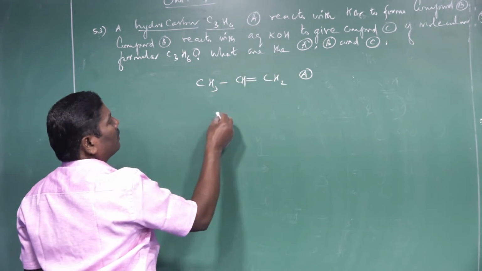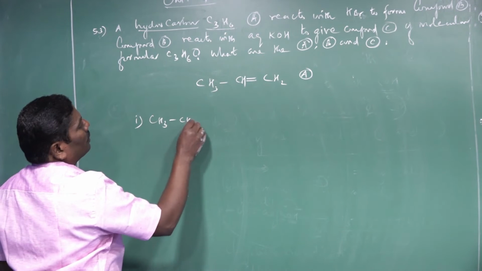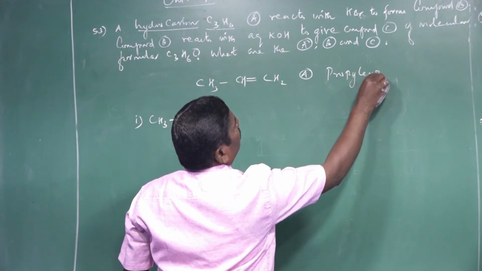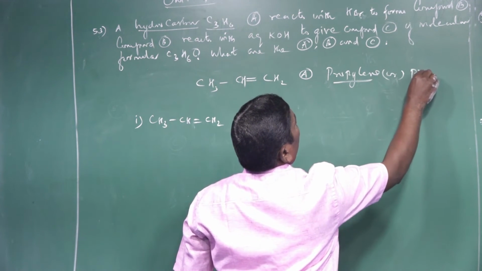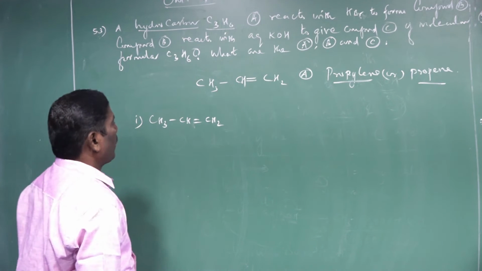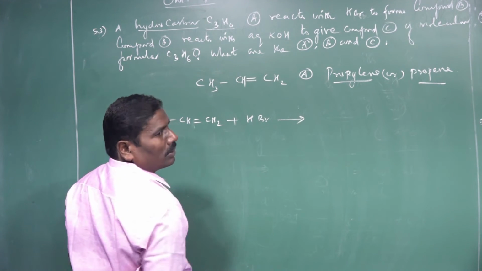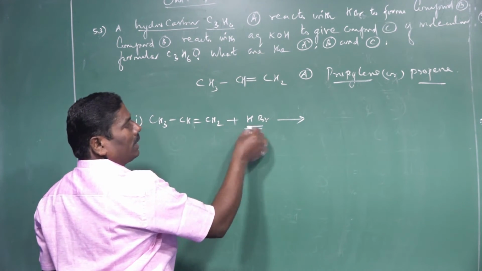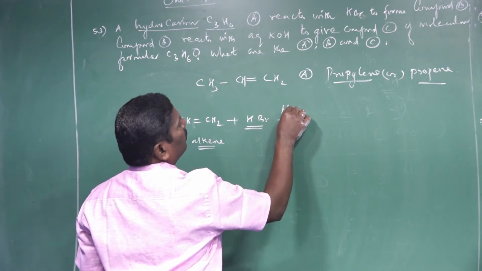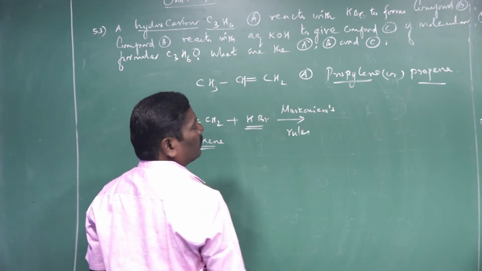Compound A reacts with HBr. The first reaction: CH3CH=CH2 is called propylene or propene. This reacts with HBr, which is added to the alkene under Markovnikov's rule.